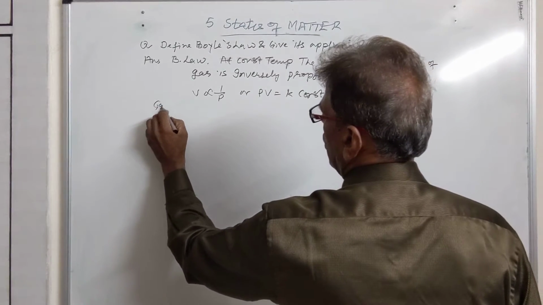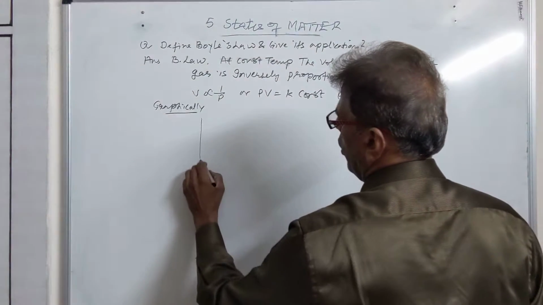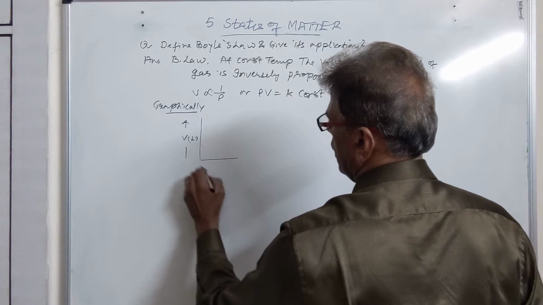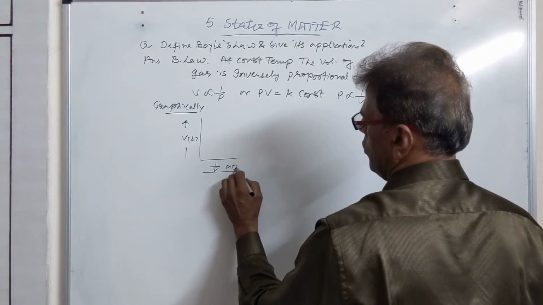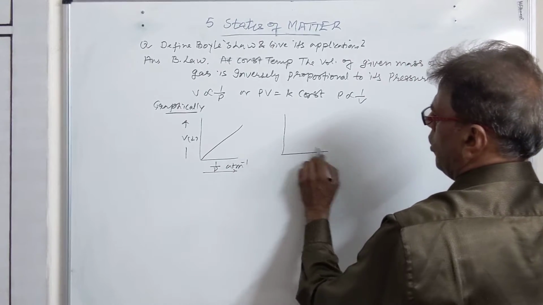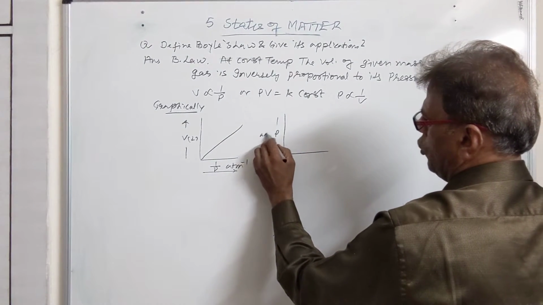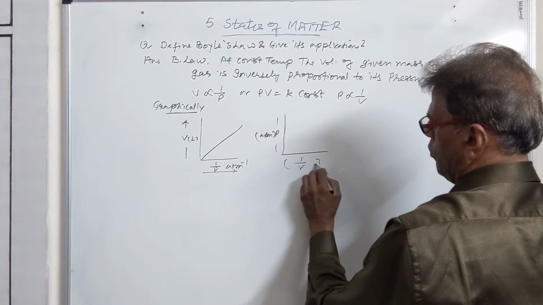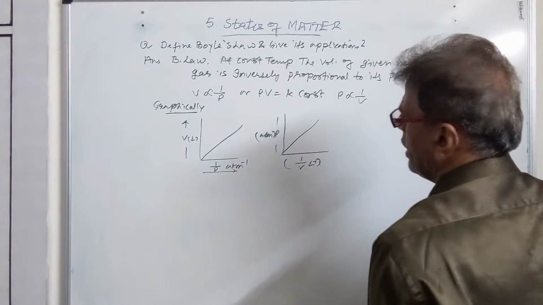Graphically, if we want to demonstrate this law, we'll plot a graph between V, volume in liters, against 1 by P, atmosphere inverse will be the unit here. We get a straight line. Similarly, if we plot a graph between P, pressure in atmosphere, against 1 by V, volume, liter inverse, then again we are getting a straight line.